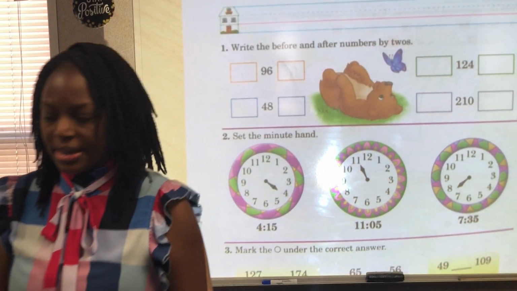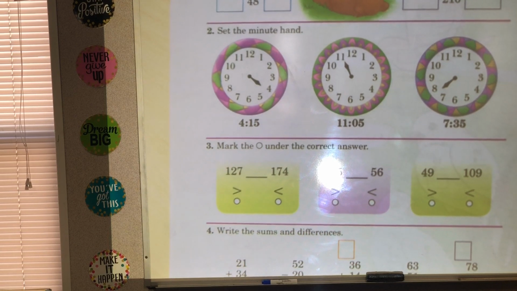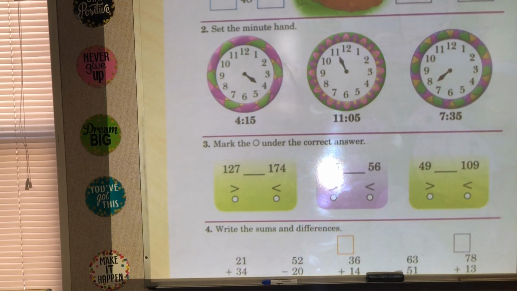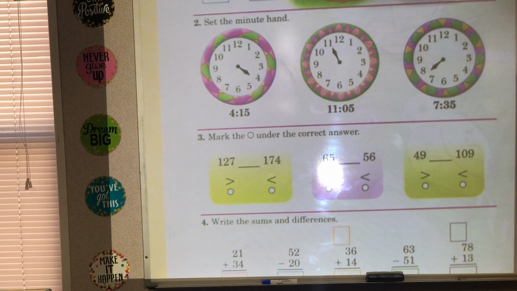All right, let's take a look at section 2. Section 2 says set the minute hand. Take a look at the clock. It's 4:15. So the hour hand is already on the 4.